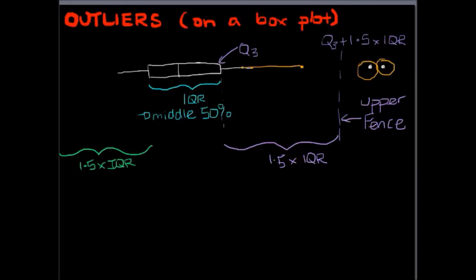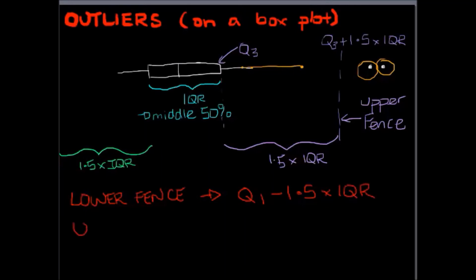So it's formula time. There is a formula to work out the lower fence, and the lower fence is calculated by using Q1 minus 1.5 times the IQR.